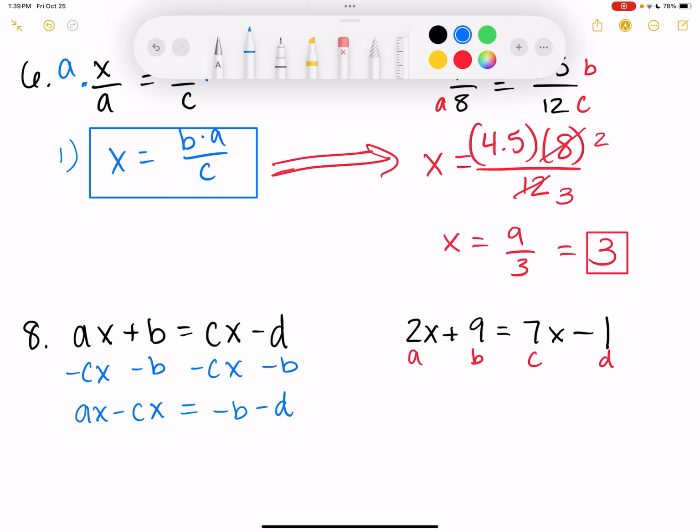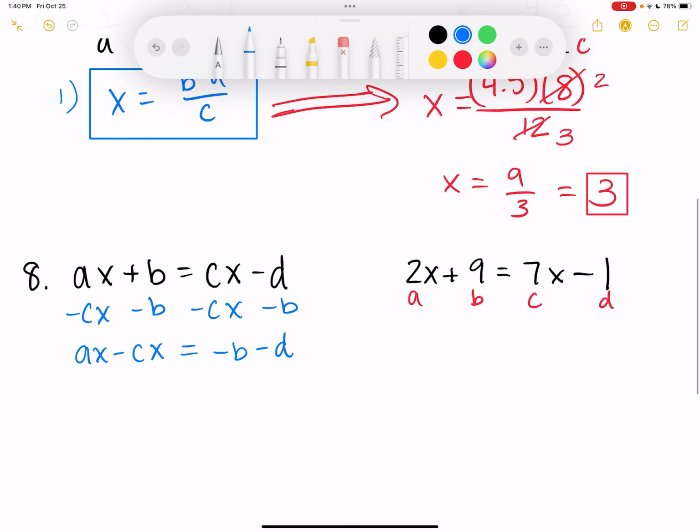So now, this is something we haven't done yet, but I need to factor out an x. What that means is if both terms have an x, I can take it out of it. So this is going to end up looking like x times what's left over.